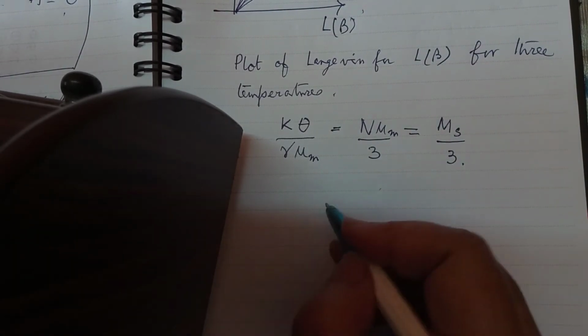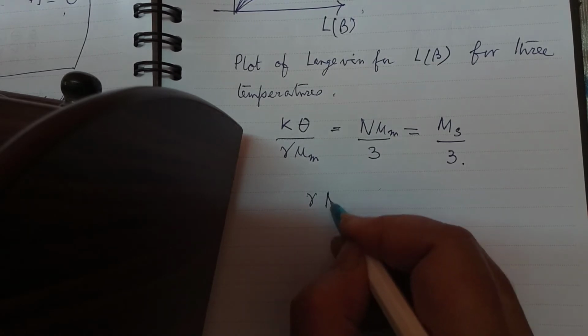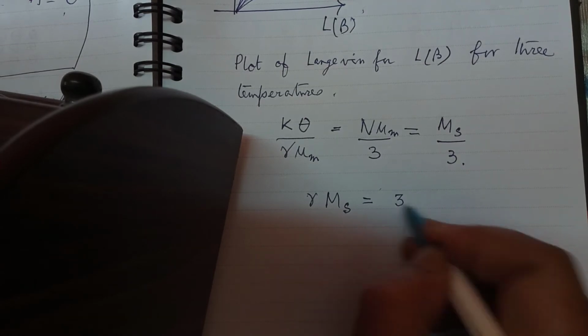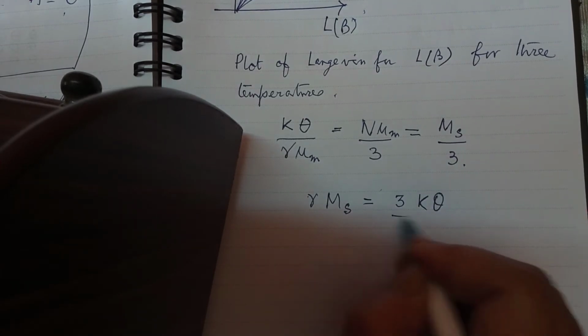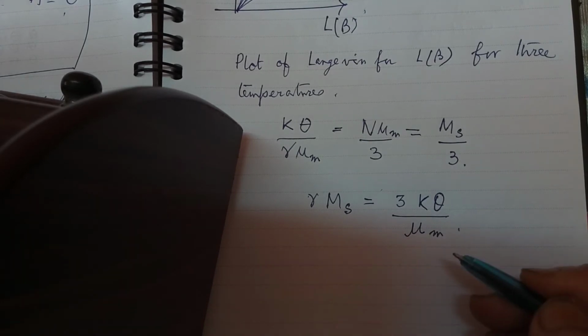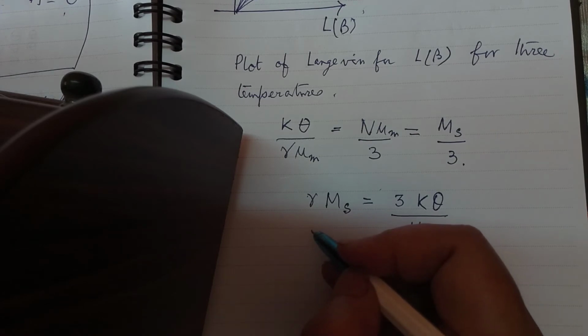So what can you say about gamma Ms? Gamma times Ms will be equal to 3k theta by mu m. If you recall the equation, it is the internal molecular field or Weiss field.